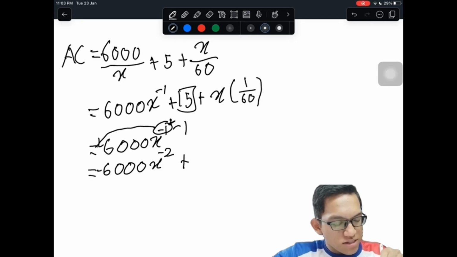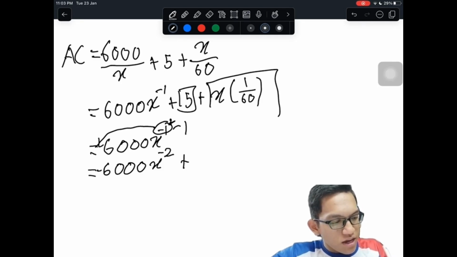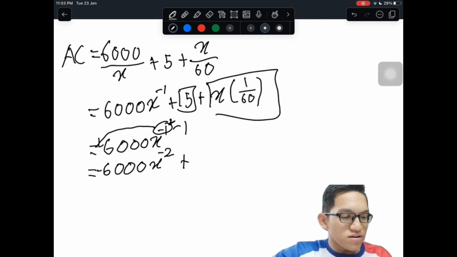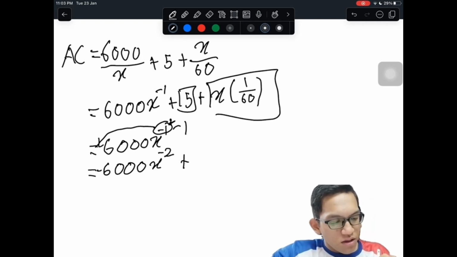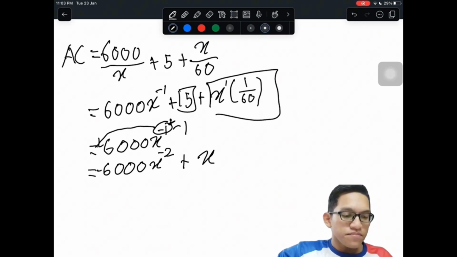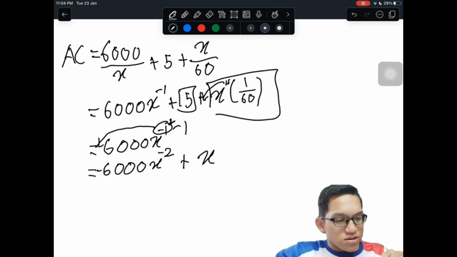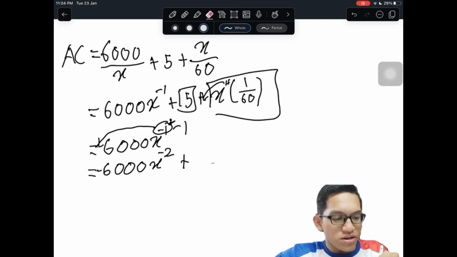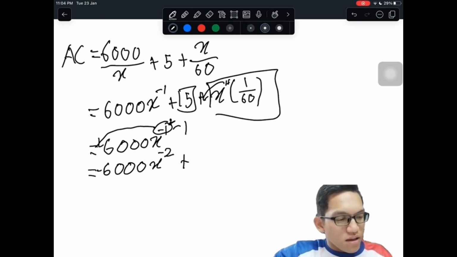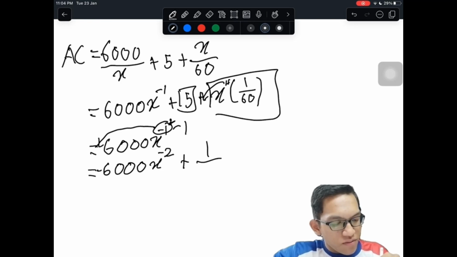Then for the x over 60, x is basically powered by 1, and we just need to put it in front and minus it by 1. So the x will be gone basically, and it will be left with 1 over 60.